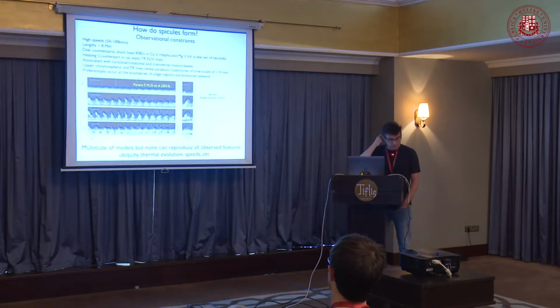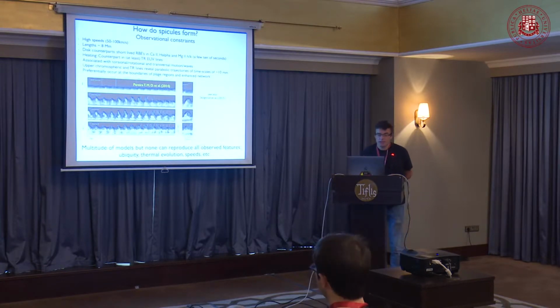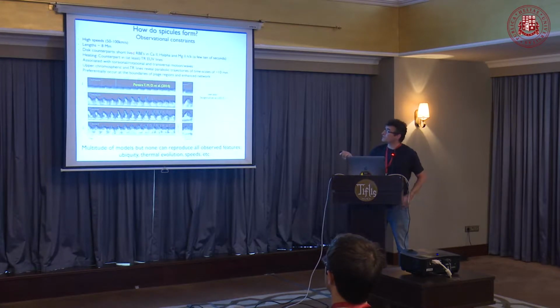So those are some of the observational findings that we had from IRIS and SDO data. This is not something we could have done before IRIS, since we need all that temperature coverage. And it gives you a list of observational constraints. We know that there are very high speeds. We know that they have quite great lengths. These counterparts, we know what they look like.